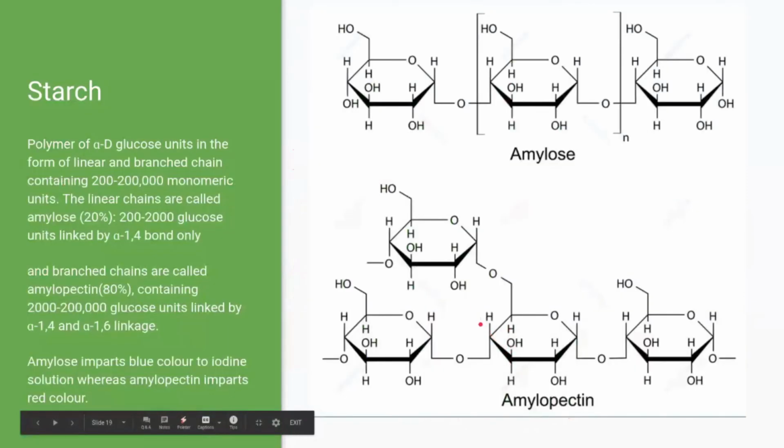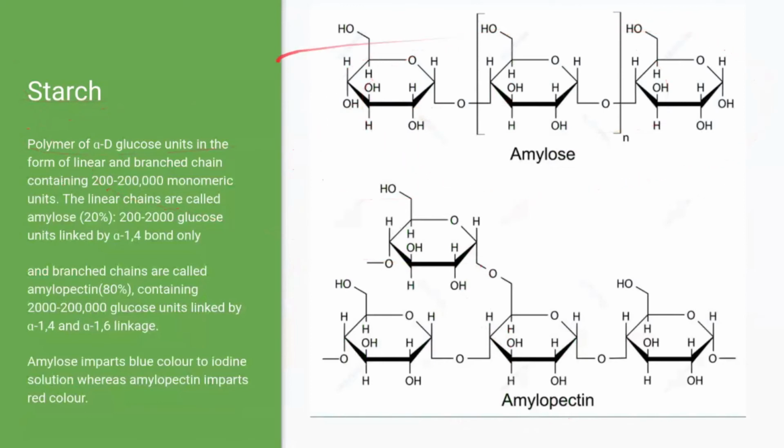Let's talk about one of the most common polysaccharides you might have heard of. So starch. Starch is basically a polymer, which means a lot of molecules linked together, of alpha D glucose, alpha dextroglucose, or alpha dextrose.